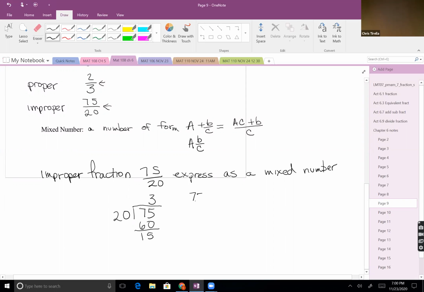So 75 over 20 would be 3 and 15/20. And you could express your remainder as a fraction. And then that one we could even simplify further, dividing both numerator and denominator by 5 to get 3 and 3/4.